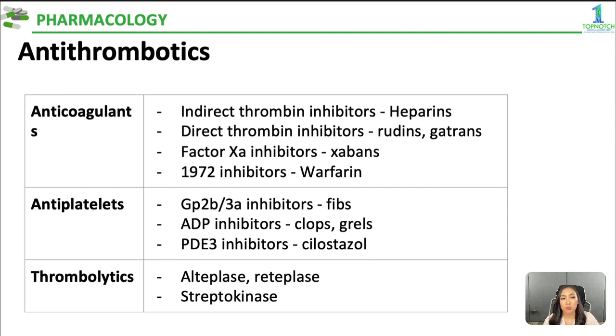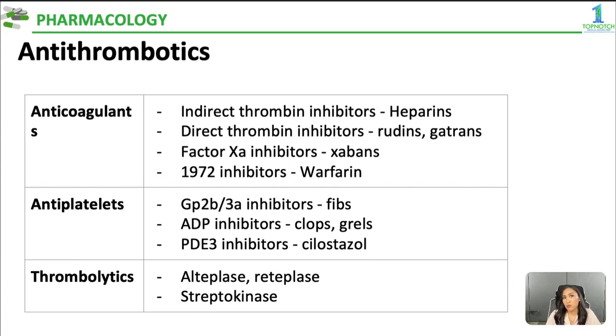Antiplatelets naman include GP2B3A inhibitors, yung mga FIBs, tirofiban, and then yung mga ADP inhibitors, yung mga CLOPs, yung mga GRELs, clopidogrel, prasugrel. PDE3 inhibitors include cilostazol, and thrombolytics include yung mga alteplase, reteplase, streptokinase.